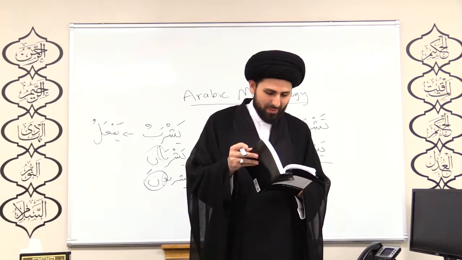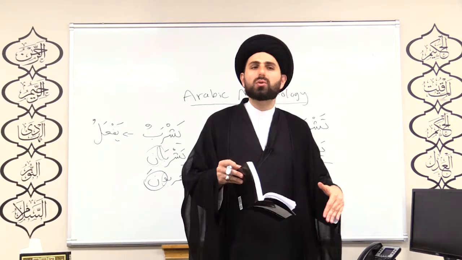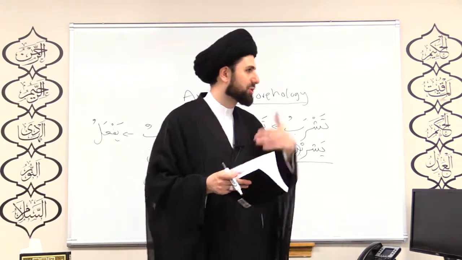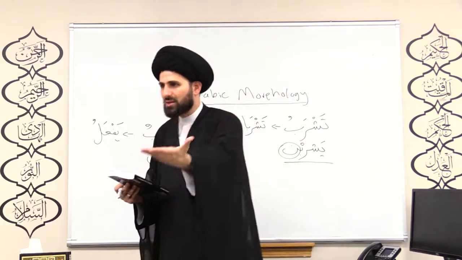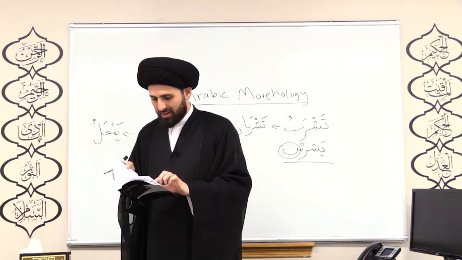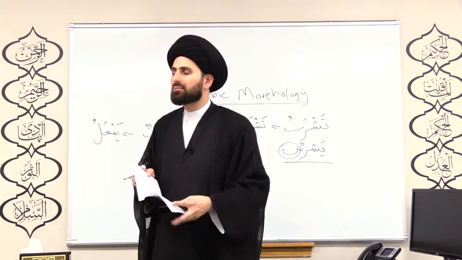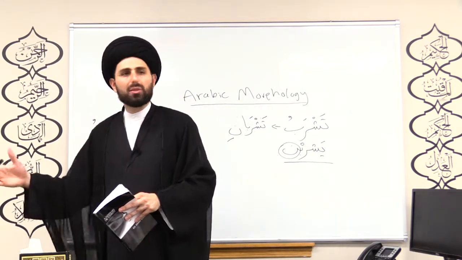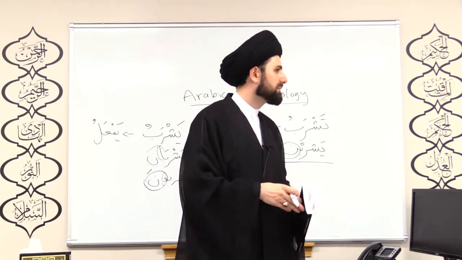Let's look at the third one. The third row is what? Al-Mukhatab. What's Al-Mukhatab in English? Second person. You're talking to someone, right? You're addressing someone. Now, when it comes to the Mukhatab, you have 6 forms. 3 of them are masculine and 3 of them are feminine.